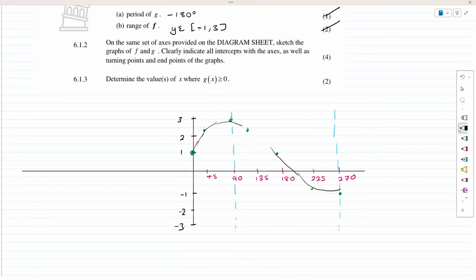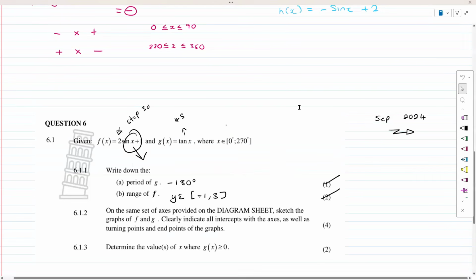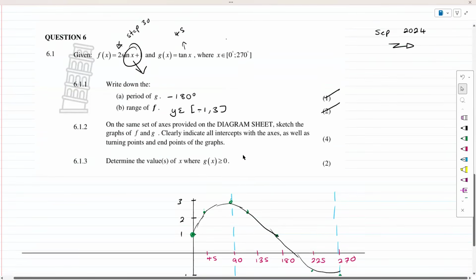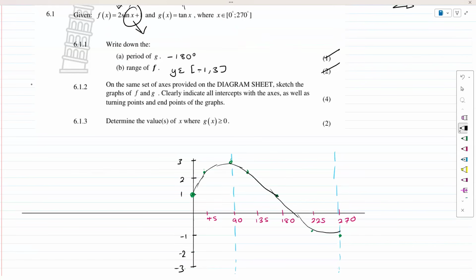No, it's the restriction that we drew it in, 0 to 270, that caused it to look like this. But the period of this graph is still 360. The only way to get the period of the graph is to look at the x. If it's 1x, it's 360. If it's 2x, you divide by 2. 3x, you divide by 3. And we continue.